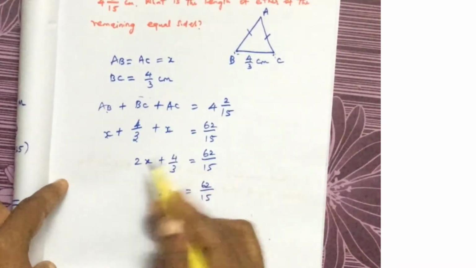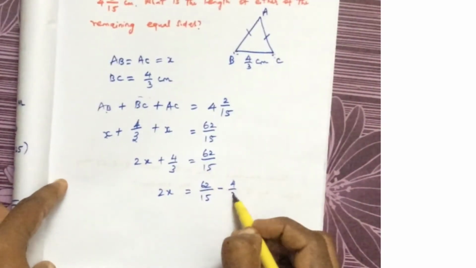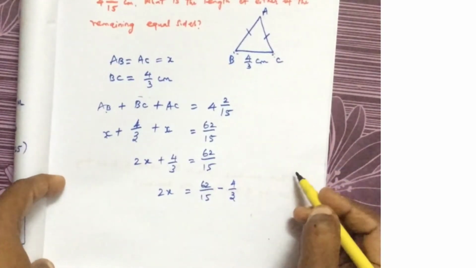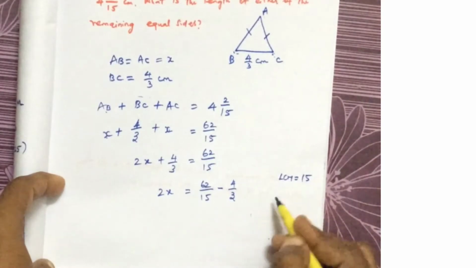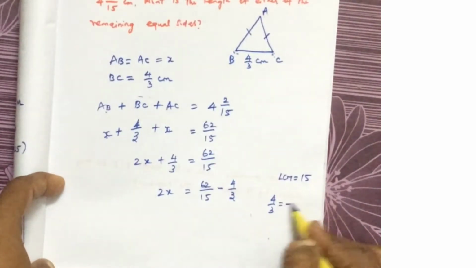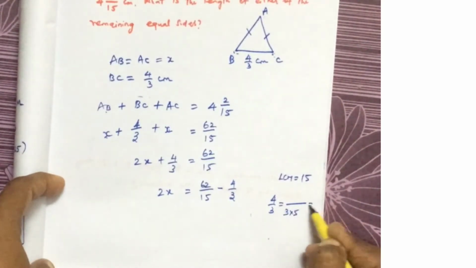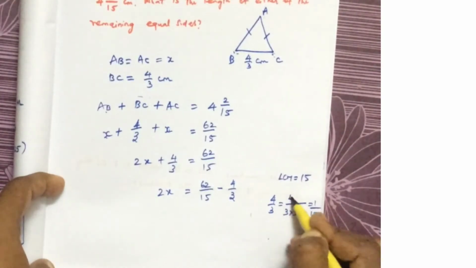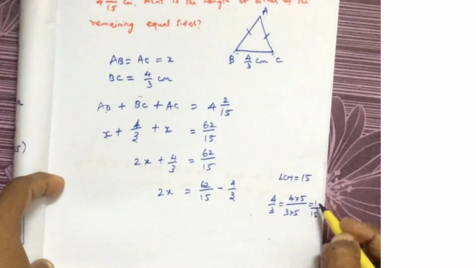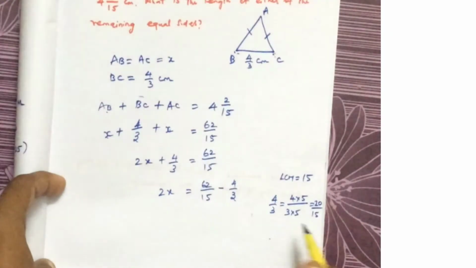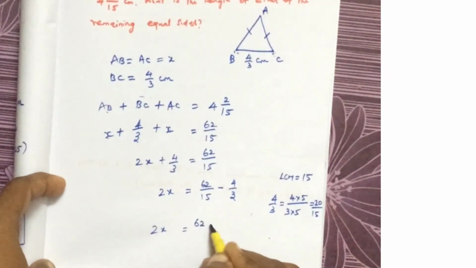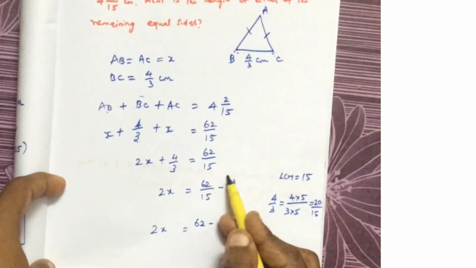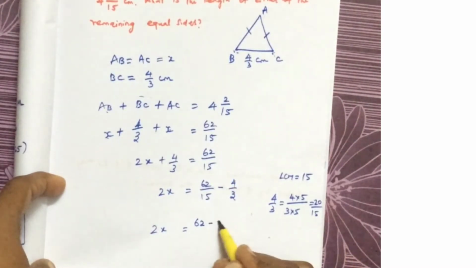This plus 4 by 3 when it goes to this side becomes minus 4 by 3. Now taking LCM, it is 15. So 4 by 3 equal to, 3 multiplied by 5 is 15, 4 multiplied by 5 is 20. Now 2x equal to 62 by 15 minus, instead of 4 by 3 I can substitute 20 by 15.